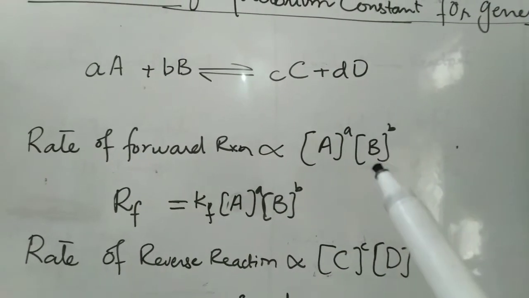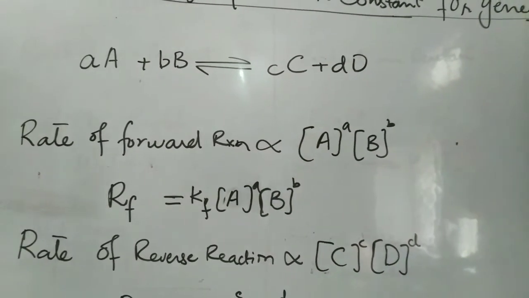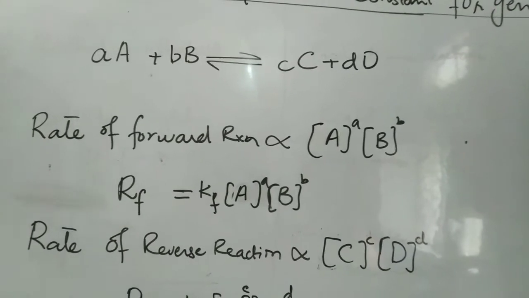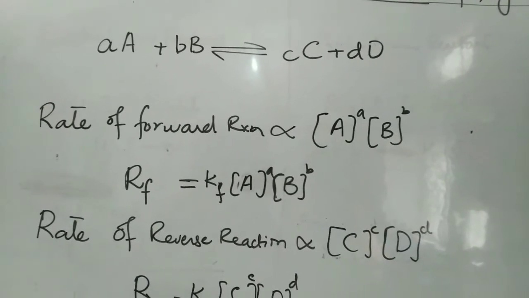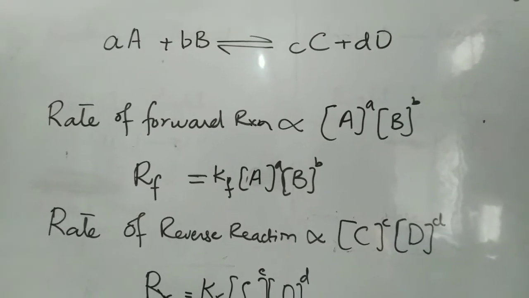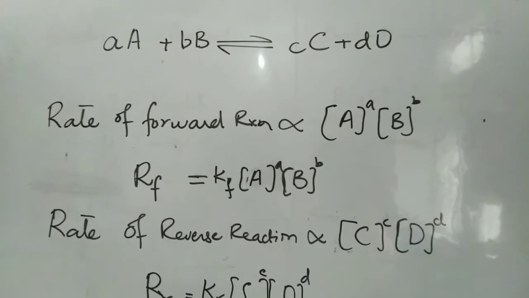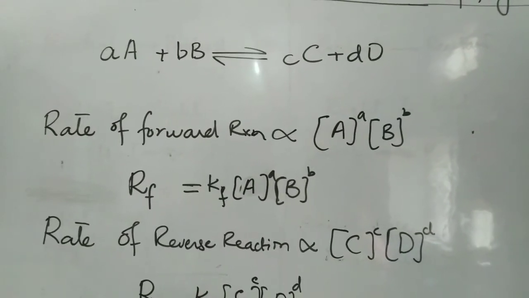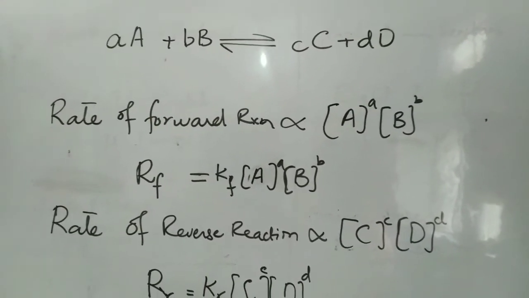The rate of the forward reaction is [A]^a [B]^b, and showing the rate of forward reaction as Rf, it is equal to the constant Kf times the active masses of A and B.